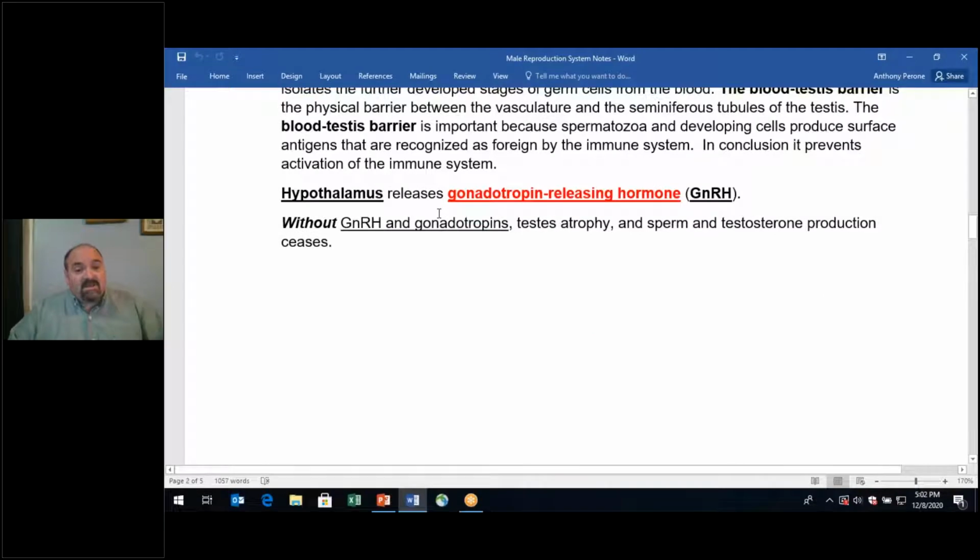The hypothalamus releases the hormone GnRH, right, gonadotropin releasing hormone, which will in turn lead to androgens being produced by the adrenal glands, and also the testes. Without GnRH and gonadotropins, right, the testes will atrophy, and sperm and testosterone production ceases.